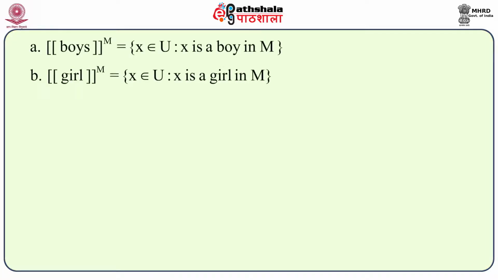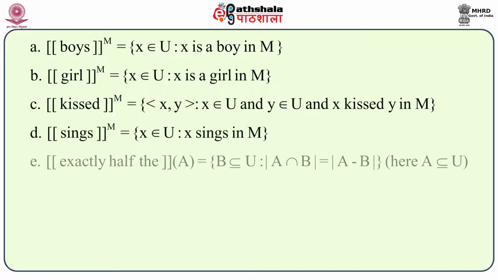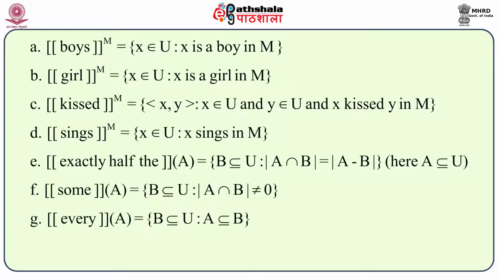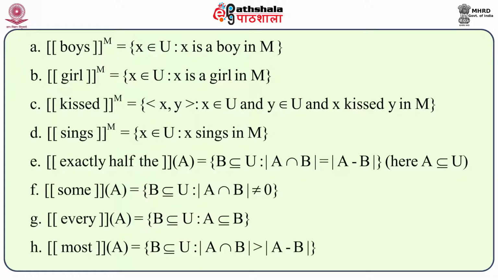So what would the rules of semantic composition look like? In this system, we assume that a model is an ordered pair of a universe of discourse U and a valuation function that assigns values to lexical items constrained by the grammar. Okay, so transitive verbs are assigned sets of ordered pairs.